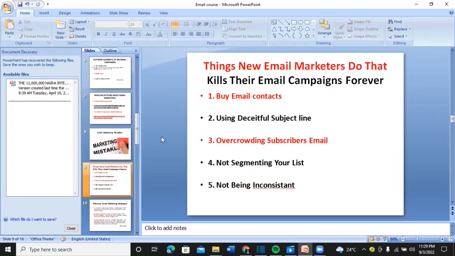And finally, the number one mistake that will kill your email marketing forever is not being consistent. You have to be consistent in communicating with your list. The rule is to send out emails every week, that is, every 7 days.